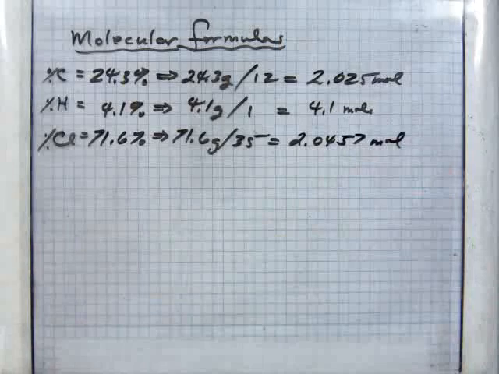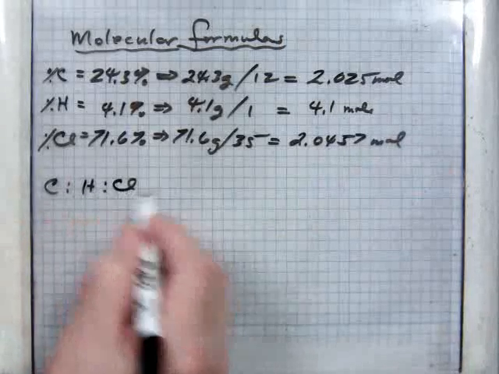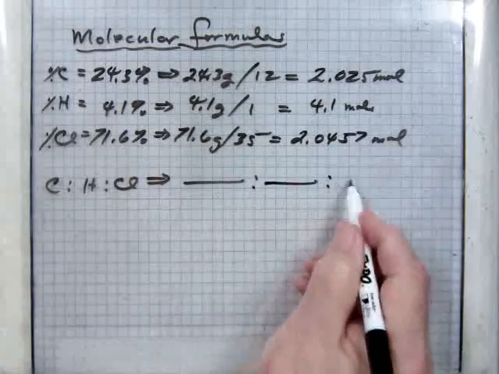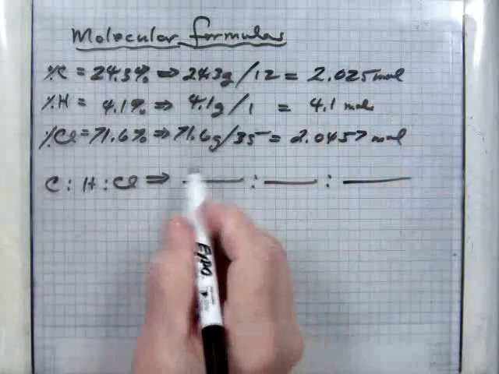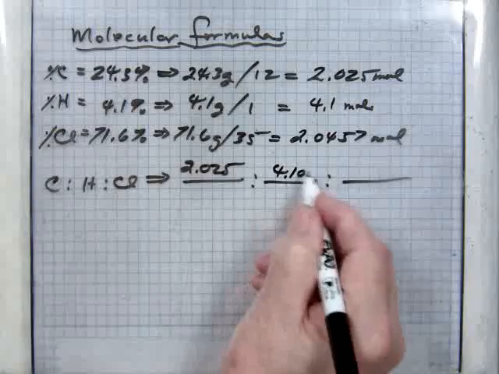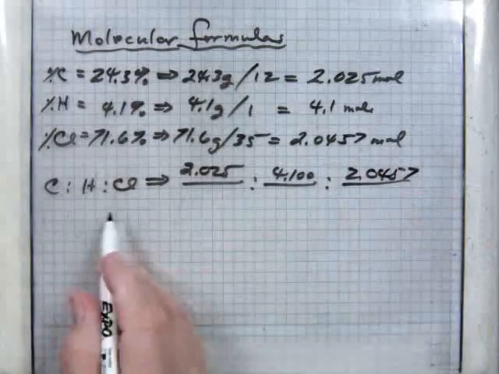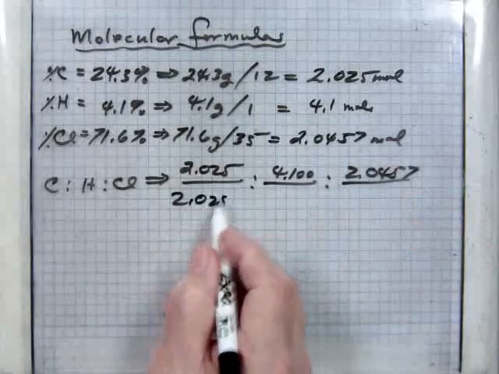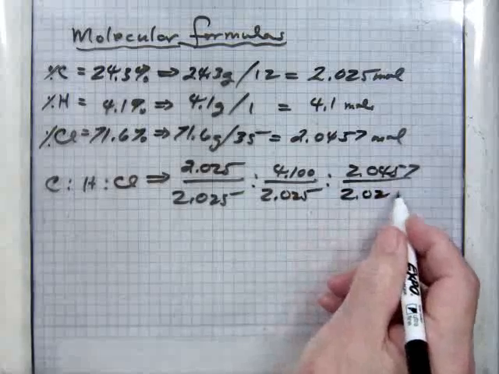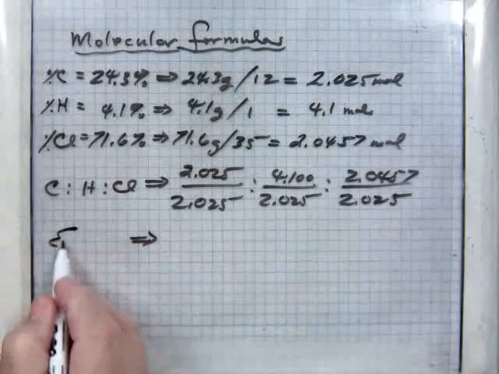And so since we have 3 components, we need 3 lines and a colon, line, colon, line, colon. We put the moles on top. And we divide by the smaller of the set. And of course that gives us the empirical ratio.